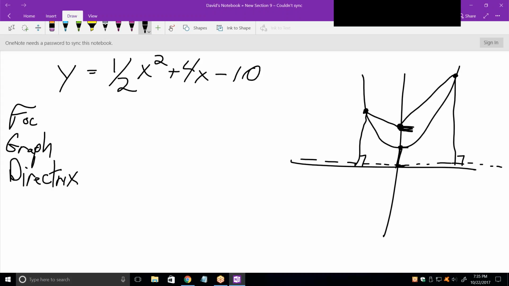The distance from the vertex to the focus is called the focal length. We're familiar with the vertex. So the focus, is that where it ends up hitting the directrix? No, that is just a point inside the parabola.